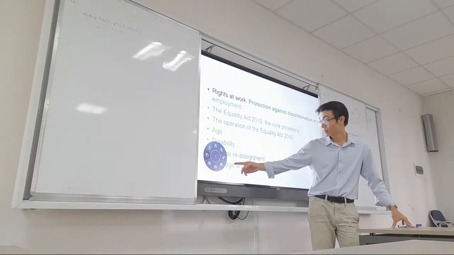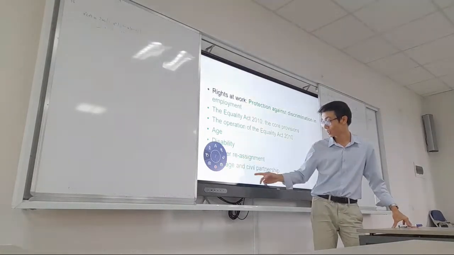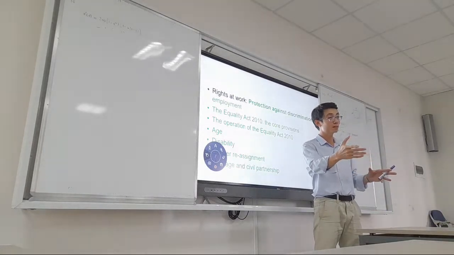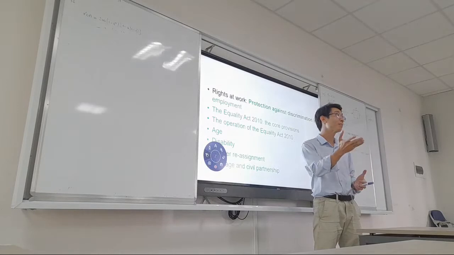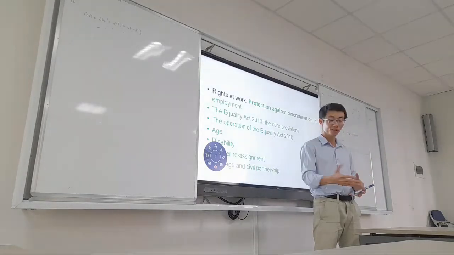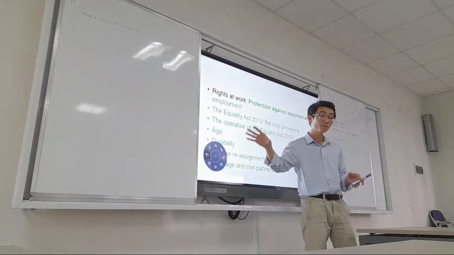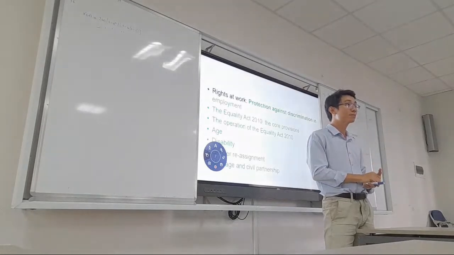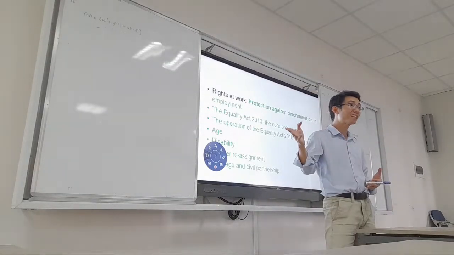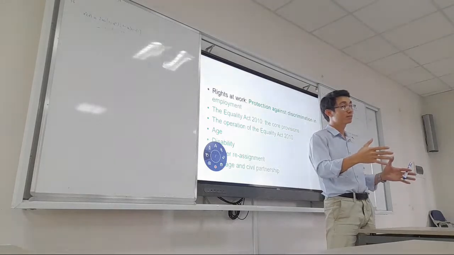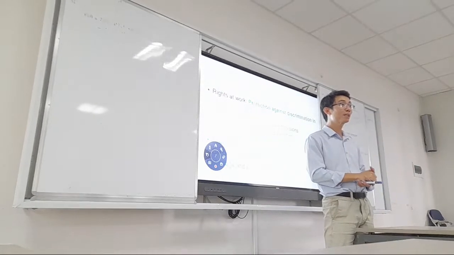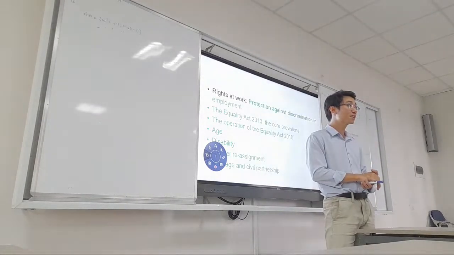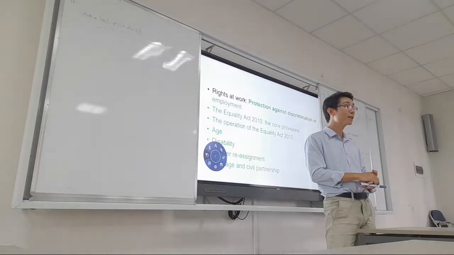Another issue is gender reassignment, marriage and civil partnership. In a company, some workers get married, so they have a husband, they are busy going out, they are busy taking care of their child. So some manufacturers have facilities to take care of the children. They have a kindergarten to keep children at the workplace, so the parents can ensure their chances and capacity to work in a company, okay?